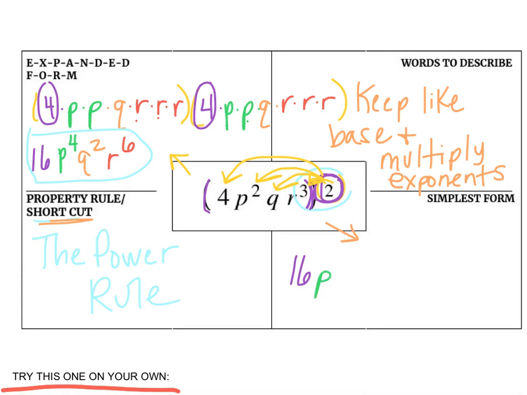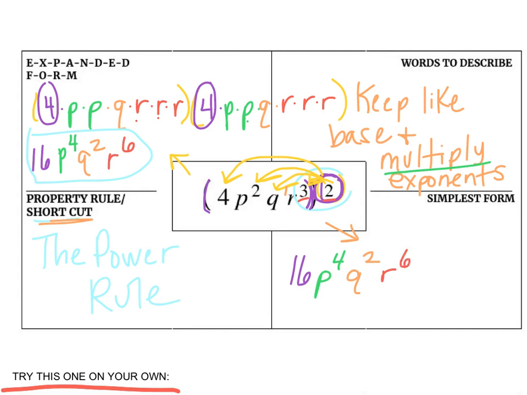Then the p's, so p to the second raised to the second. We keep the base and multiply the exponents, like we said here. Then the q, there's 1 q right here, and 1 times 2 is 2. And then we do the r, and it's 3 times 2, which is 6.